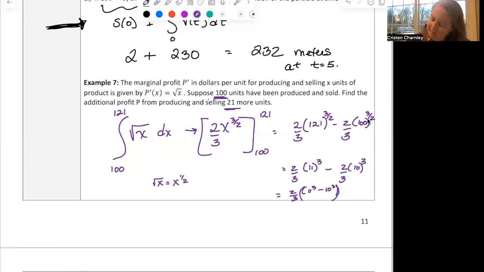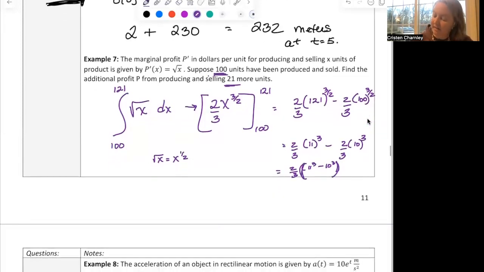I don't have a calculator right in front of me, and I can't do 11 cubed this morning. But that would be the dollars. That's how many more dollars you've earned for items 100 through 121. Okay, excellent.